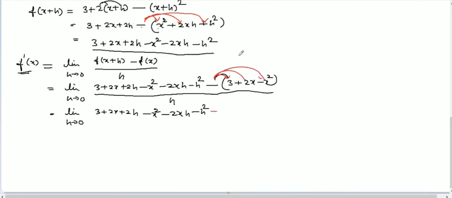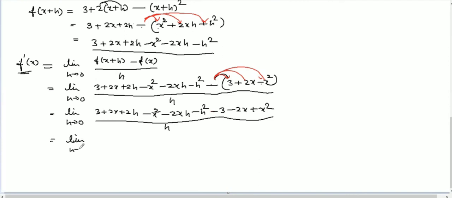So minus 3, minus 2x, and then minus times minus, plus x square. So this minus will be plus, over h, equal to limit h tends to 0.